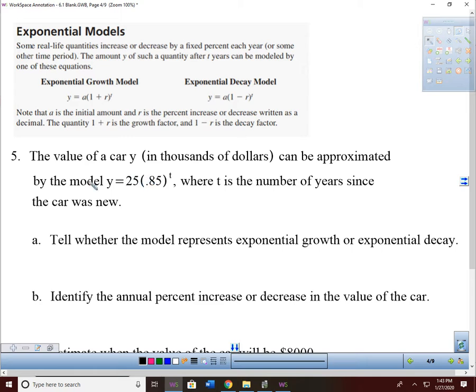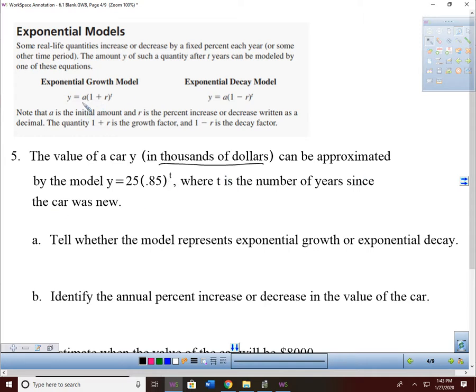So sometimes you need to think a little bit about your problem as to whether you'd have growth or decay. If I talk about buying a car, that's going to depreciate in value over the years, okay? So number 5 is talking about the value of a car in thousands of dollars. That's important, thousands of dollars. And it can be approximated by this model where T is the number of years since the car is new.